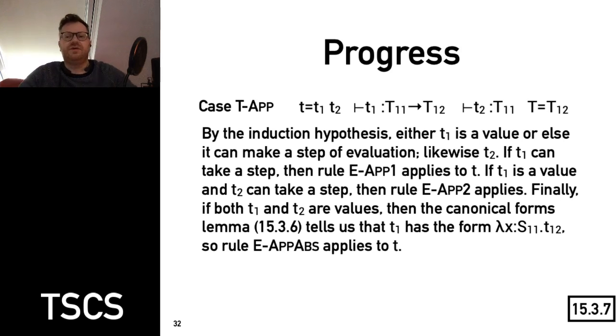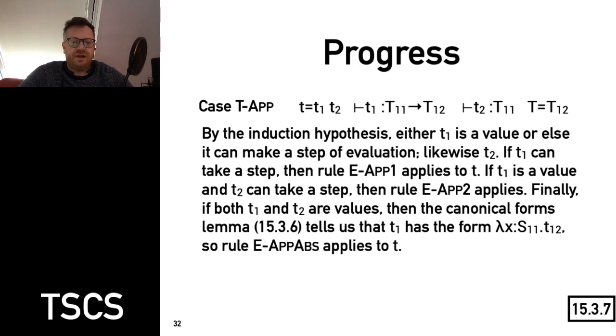By the induction hypothesis, you either have a value for T1, so this is the function, or you can make a step of evaluation. Likewise for T2 as well. And if T1 can make a step, then the E-App1 rule applies to it. And if T1 is a value and T2 can take a step, then the E-App2 rule applies.